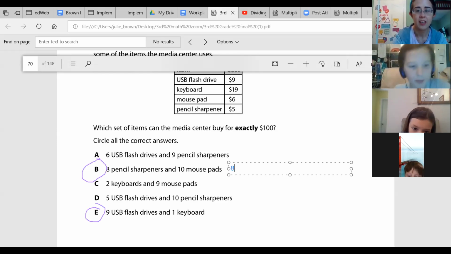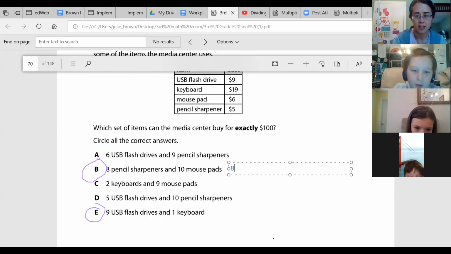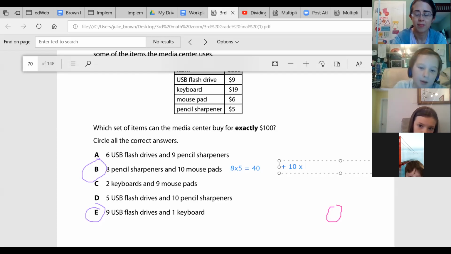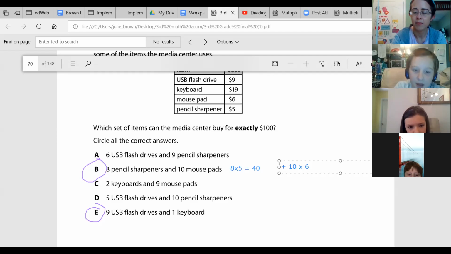Well, B is 8 times... pencil sharpeners are 5, and 8, so it would be 8 times 5, and that's 40. And then 10 mouse pads, and each mouse pad is 6.